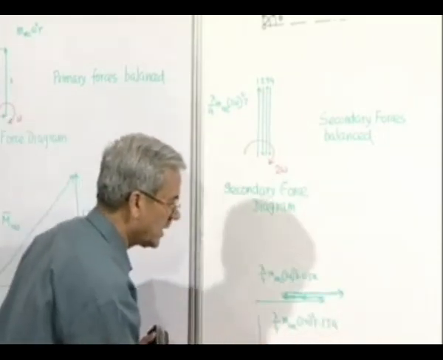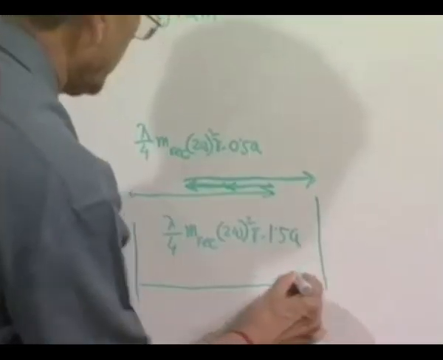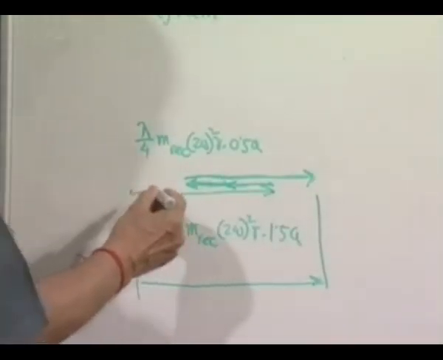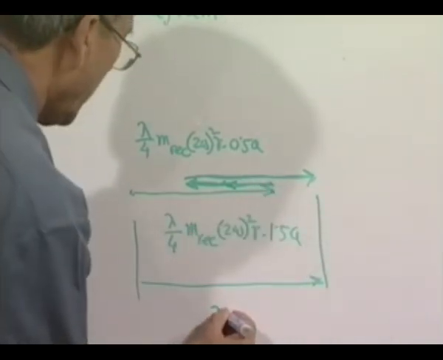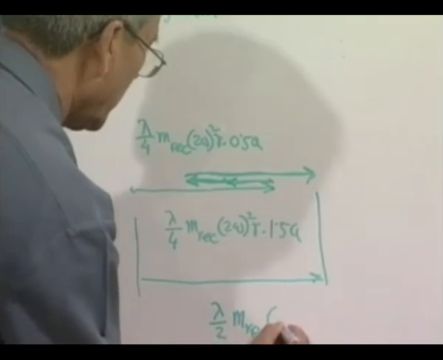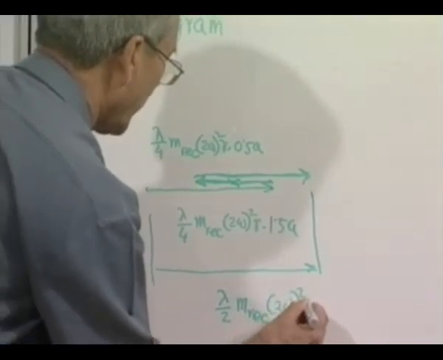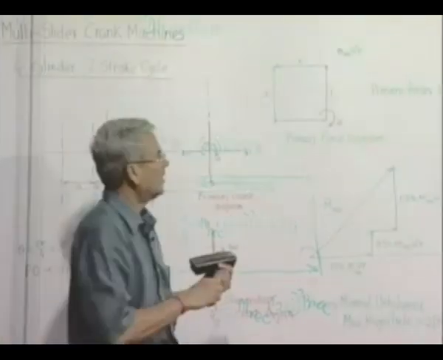So this is the resultant magnitude of the leftover. How much is that? This plus obviously this will be 0.5. So therefore it will be lambda by 2 m reciprocating 2 omega square r a, and the whole thing is rotating as before.